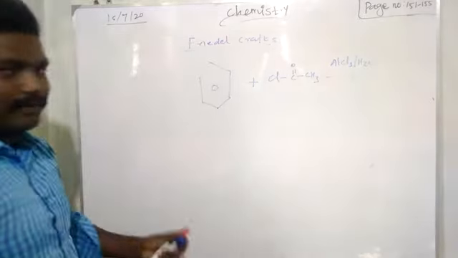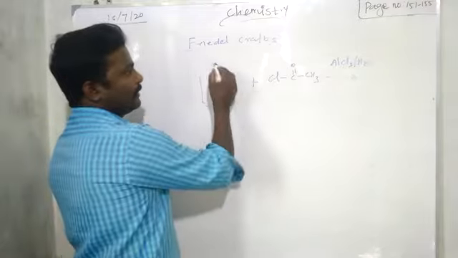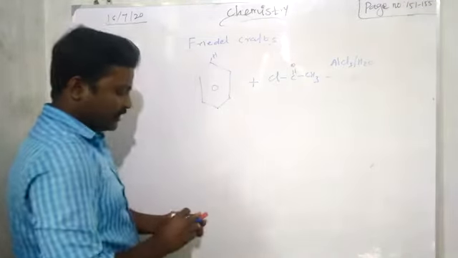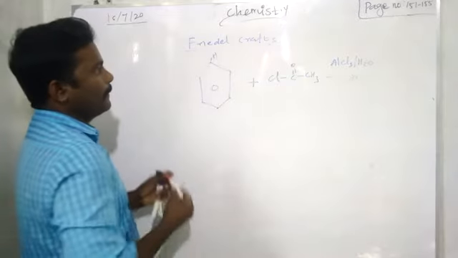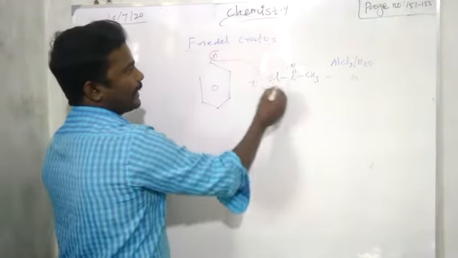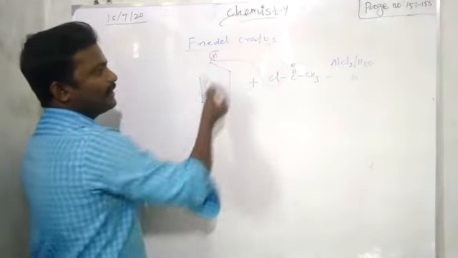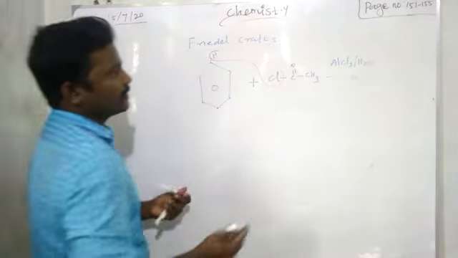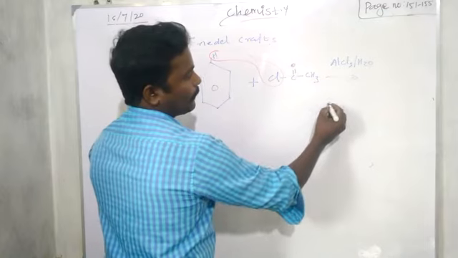So how will it form acetophenone? Very simple. We take this hydrogen and remove it as hydrochloric acid. You add the remaining COCH3. The product is acetophenone.